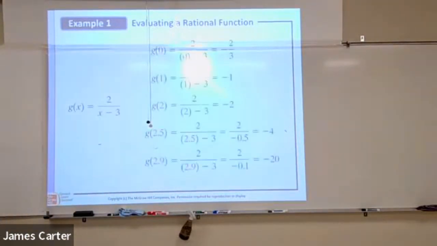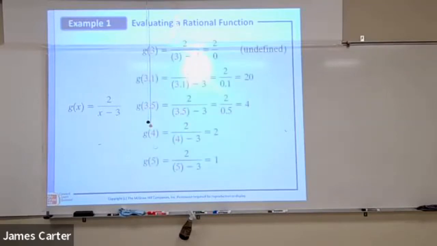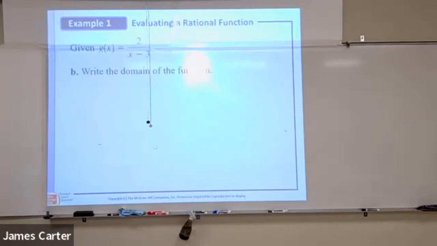Okay, now here's just doing the work that we mentally did. You see here, you substitute that in there, you actually get a real number. You substitute the 3 in there, you get an undefined number. Any of those others, you get real numbers. Okay. So the domain of this, which I've already told you, there's the graph of the domain.